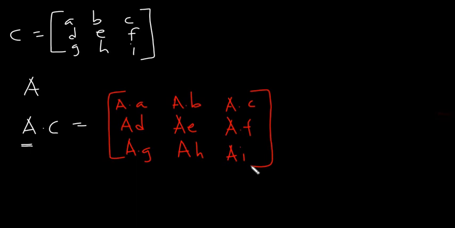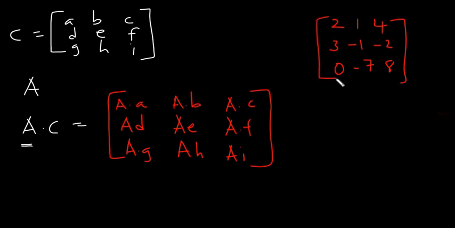If we have a matrix 2, 1, 4, 3, -1, -2, 0, -7, and 8, and then we multiply it by a scalar, let's say 5. So what will be 5 multiplied by this matrix?